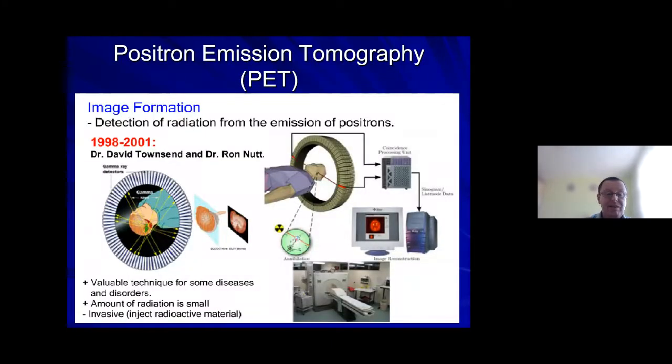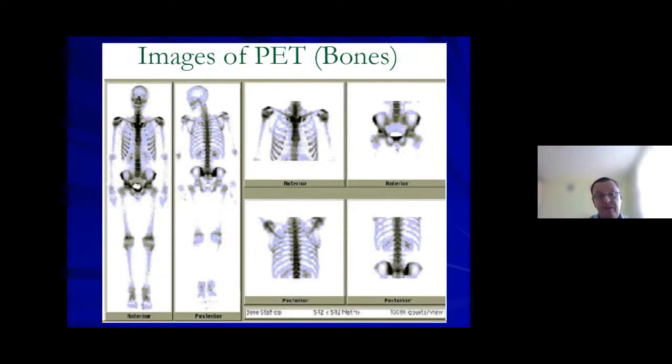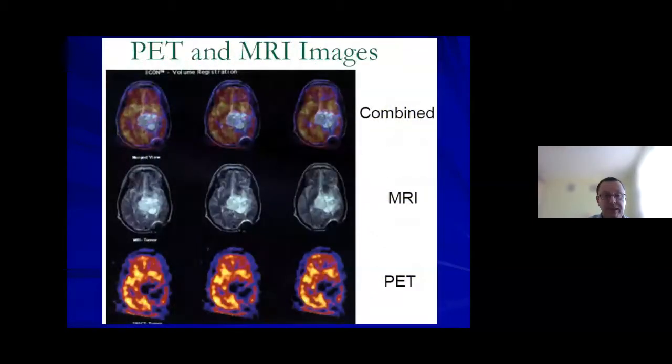So here two different types are presented, a relatively modern method of visualization. Again, we have differences in physics and physical discovery, but there is no significant difference in the principles of data processing, similar to conventional CT scan. And here is an image of body bone densities obtained by PET.